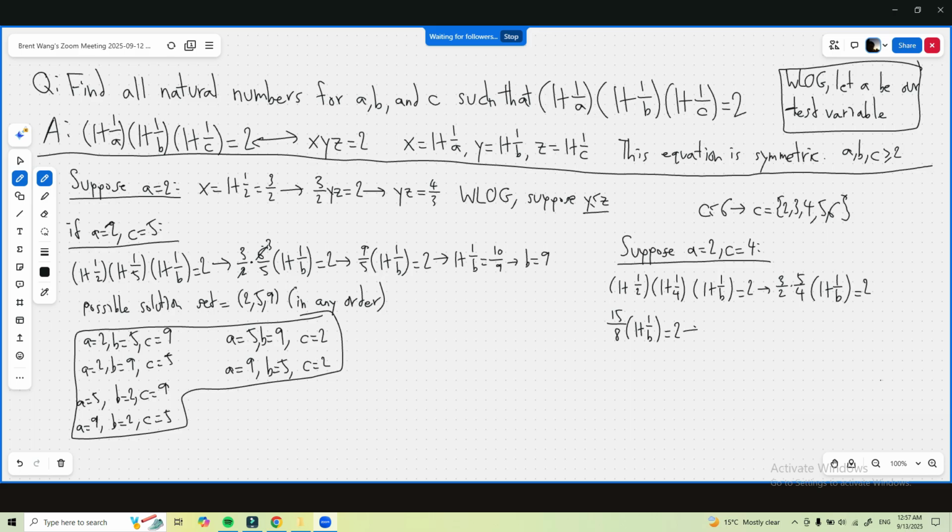So then 1 plus 1 over b is equal to 16 over 15. And that would mean b equals 15. So the third possible solution set is 2, 4, and 15 in any order.